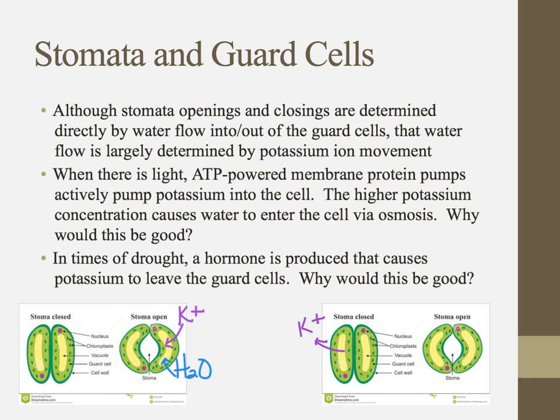When that happens, to maintain the osmotic balance, water is going to leave also. When the water leaves, the turgor pressure inside of the cell is going to decrease. The cell is going to become flaccid or limp, and it's going to close that stomata.